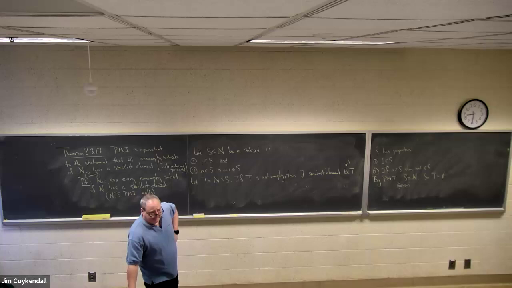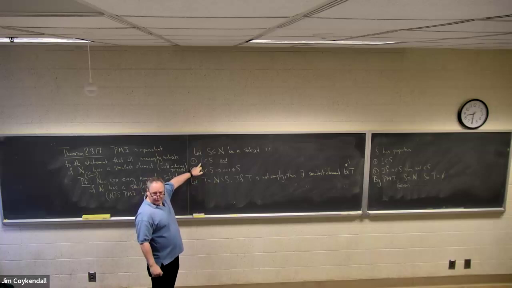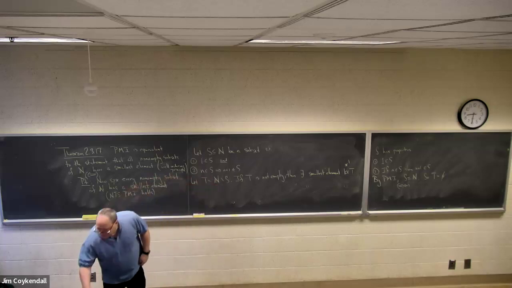Anybody tell me why? One is in S. We've assumed at the outset that one is in S, so it can't be in the complement of S. I agree with that. So one for sure is not in there.